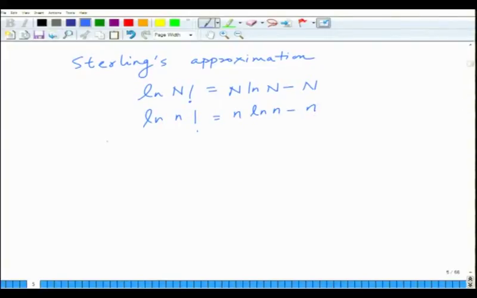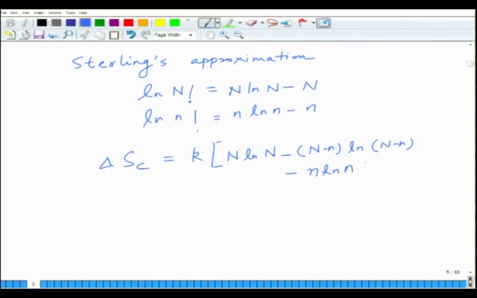If you apply this approximation to the above equation, delta SC is equal to k times [N ln N minus (N minus n) ln (N minus n) minus n ln n].